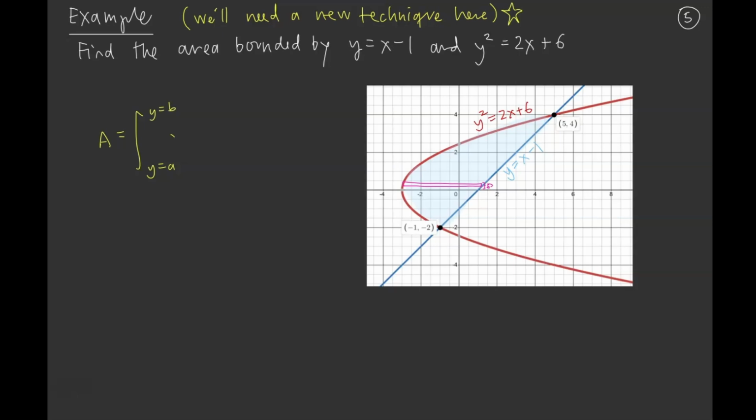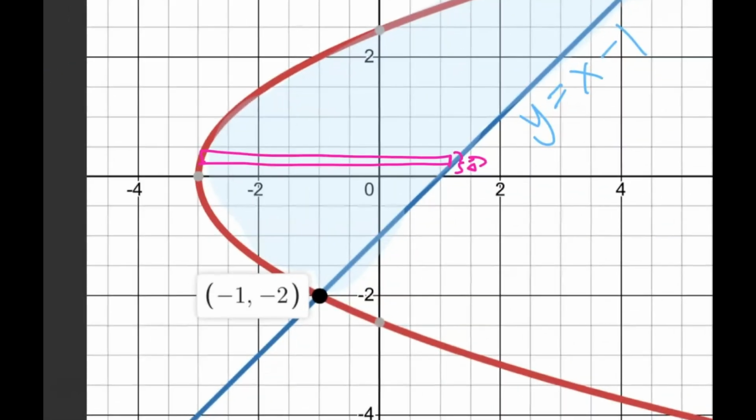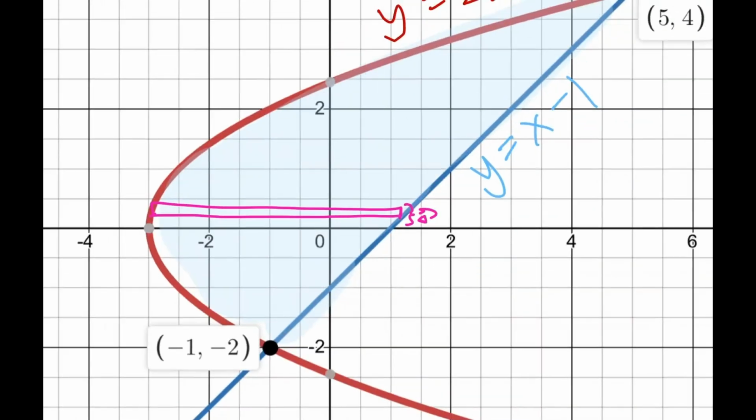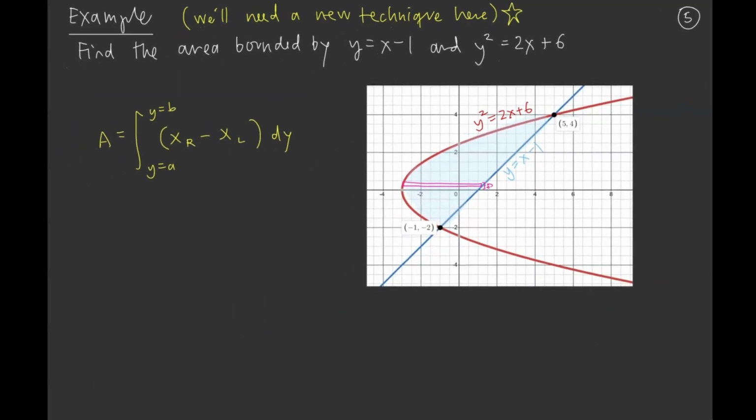And we're going to take the x value on the right function minus the x value on the left function times dy, because now the width of these little rectangles is a delta y, and the length is the difference of the x values. So this is a horizontal rectangle. Instead of adding up a bunch of vertical rectangles, we're going to add up a bunch of horizontal rectangles.